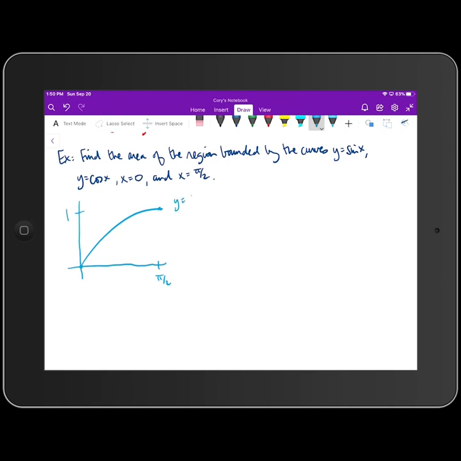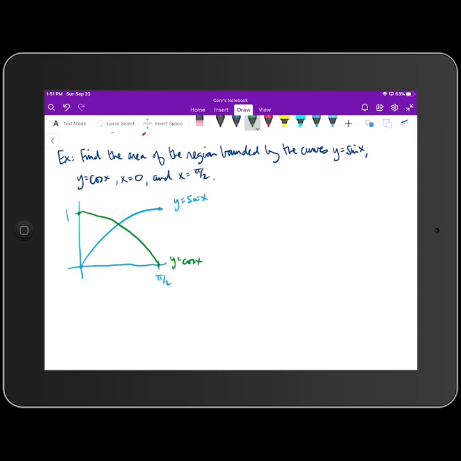So that's the graph of y is equal to sine. The graph of y is equal to cosine is going to contain the point 0, 1 and pi over 2 comma 0. Okay, so that's the graph of y is equal to the cosine of x.